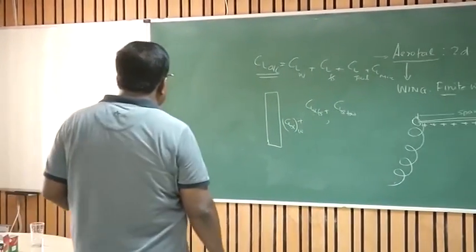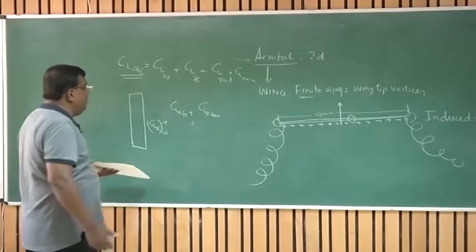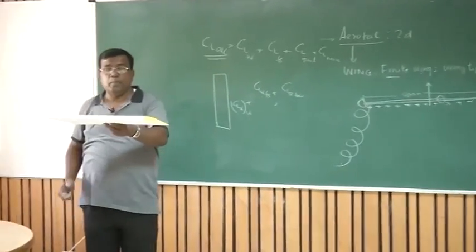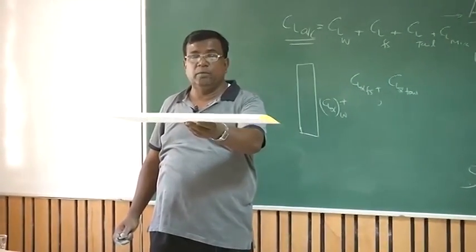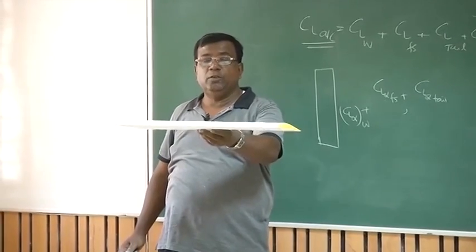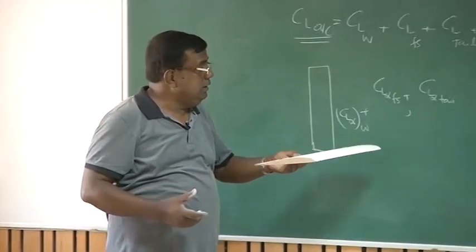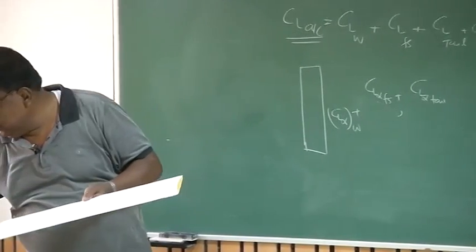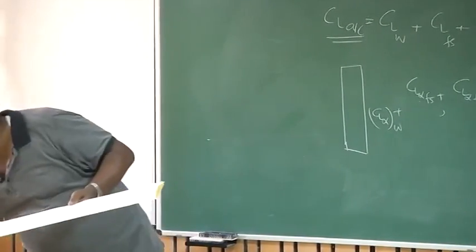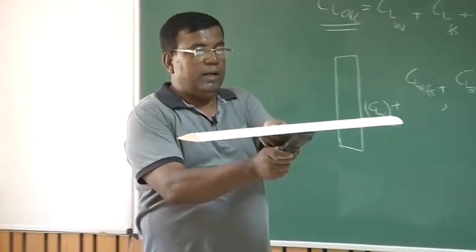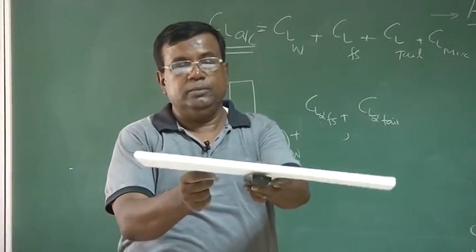For a simple reason, there are many such reasons, but one of those: when I am computing CL alpha of the wing, this is a wing in isolation. But in actual practice, what happens? When there is a fuselage, let's say this is the fuselage, then I am attaching it like this on the wing.